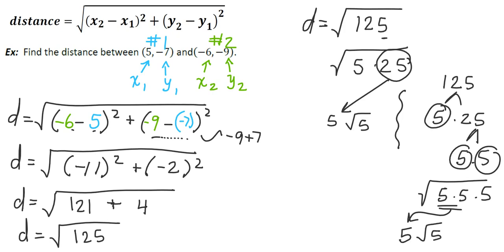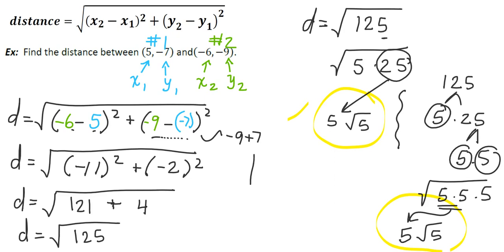So either way, whether you like to factor all the way to primes or you like to catch a perfect square factor as early as you can and take it out, you get a distance of 5 square roots of 5 for the distance between those 2 points.